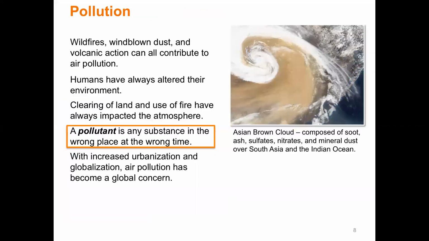All right, so now, pollution. What is a pollutant? Anything that is in the wrong place at the wrong time is a pollutant. Of course, we have many different ones that are problematic. But I should mention that there are natural sources of pollution that cause problems, right? That would be wildfires, dust storms, and volcanic eruptions.